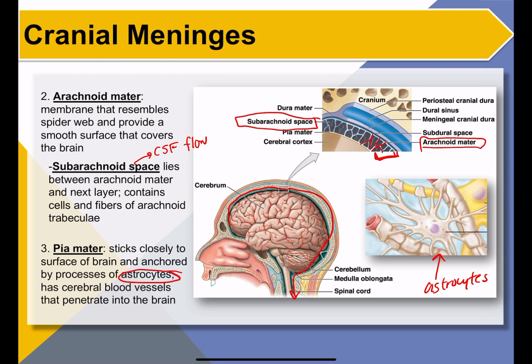So they are involved with forming the pia mater layer of the brain as well. And within the pia mater, there are also cerebral blood vessels that penetrate into the brain to deliver oxygen, nutrients, etc.